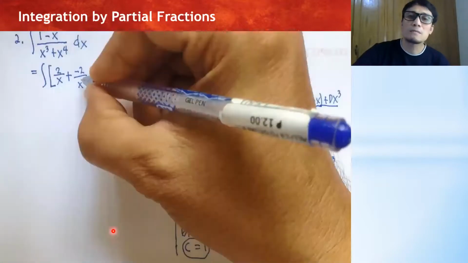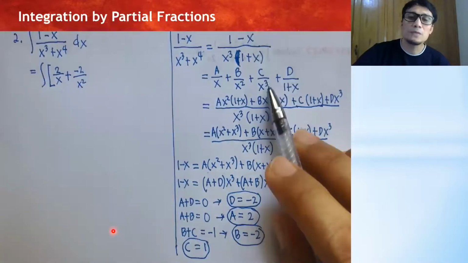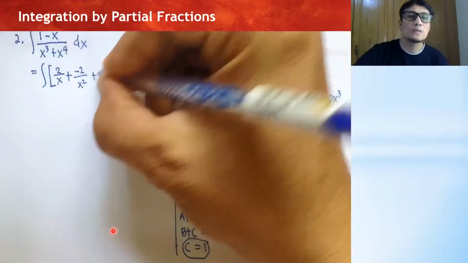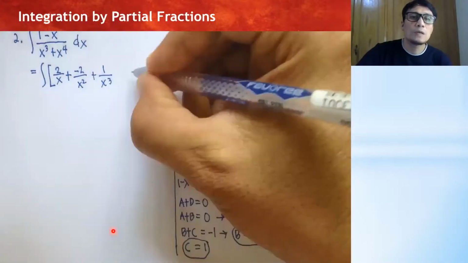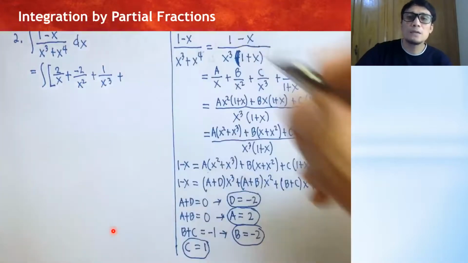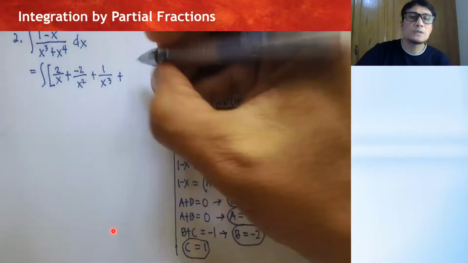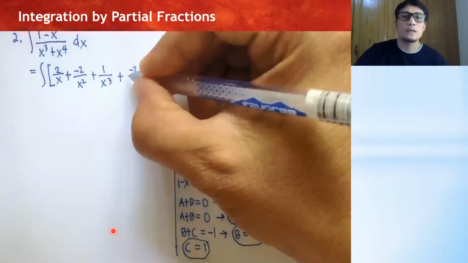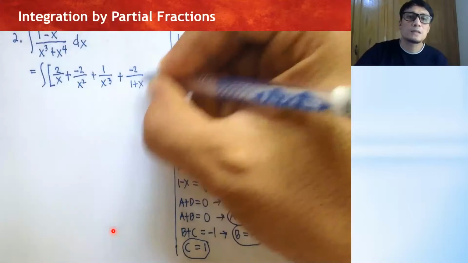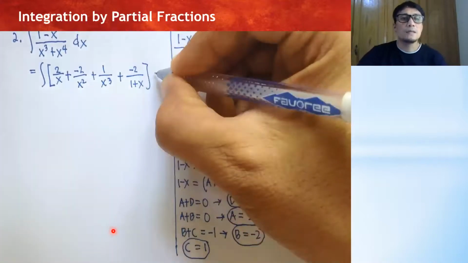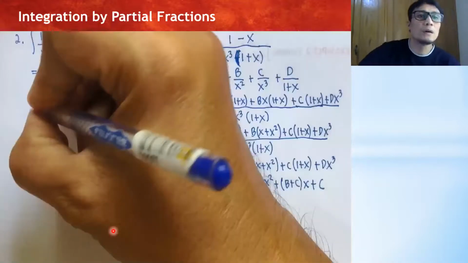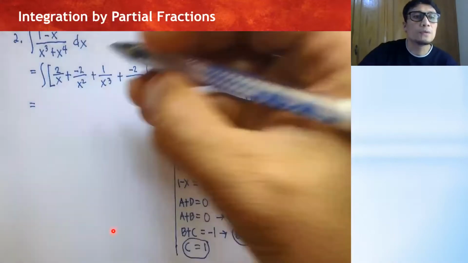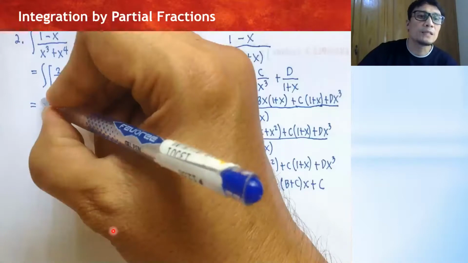And then next is c over x cubed, where your c is 1, so plus 1 over x cubed. Then plus d over 1 plus x, where your d is negative 2, so you have negative 2 over 1 plus x. Then dx. Then we put it into the form where we can easily evaluate the integrand.